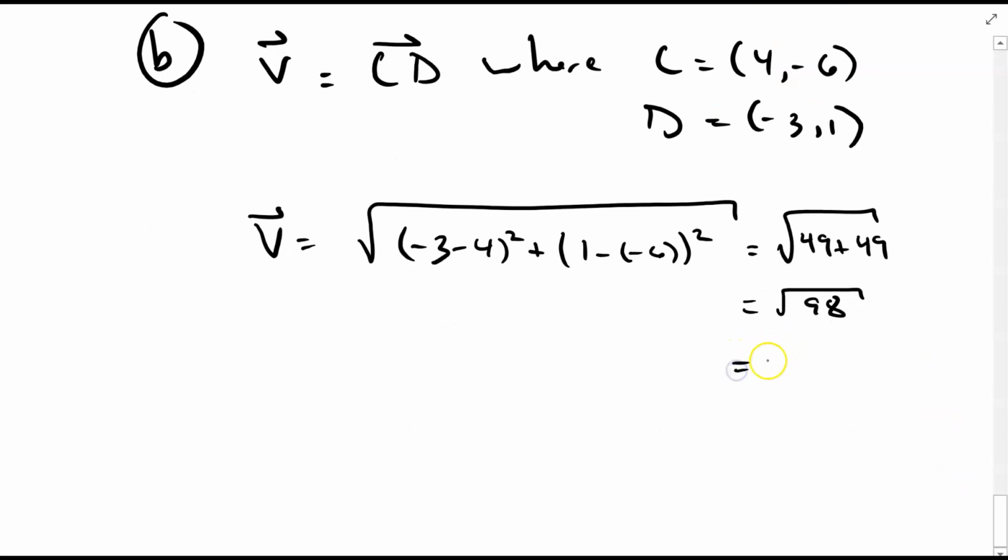So what I'm going to do is I'm going to rewrite this as the square root of 2 times 49. 98 is 2 times 49. And that's a great outcome because I noticed that 49 is a perfect square. So I can break a square root with multiplication and division, not with addition and subtraction, but it is okay to break a square root with multiplication and division.